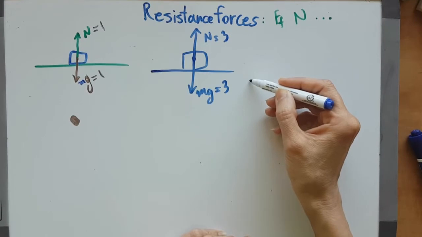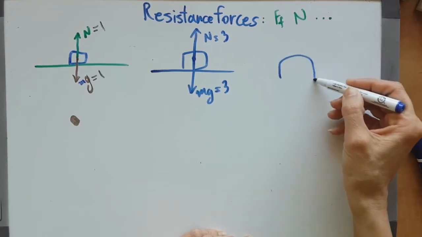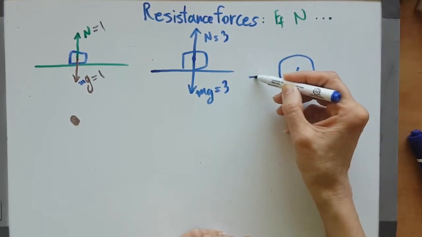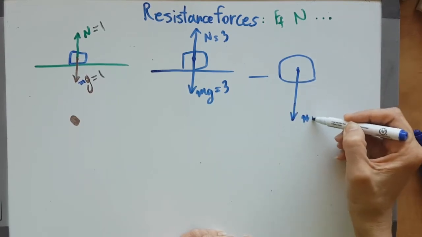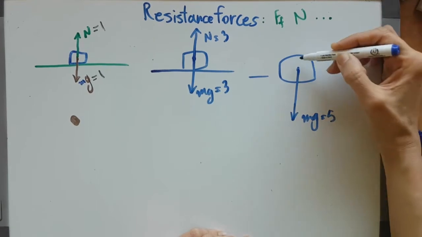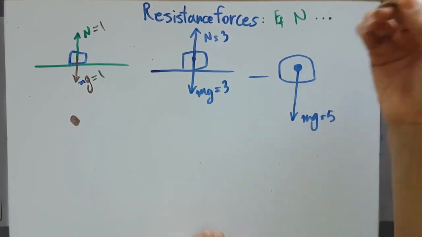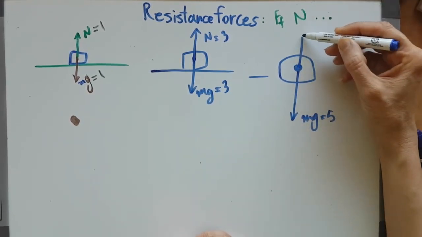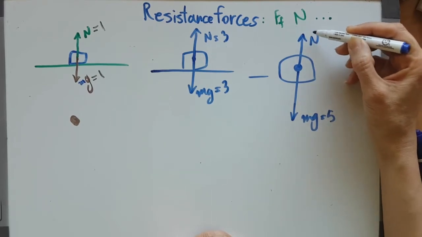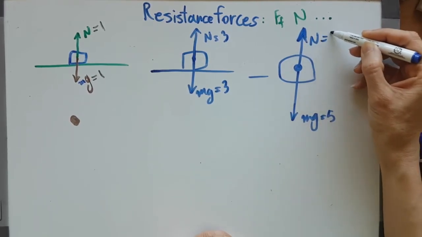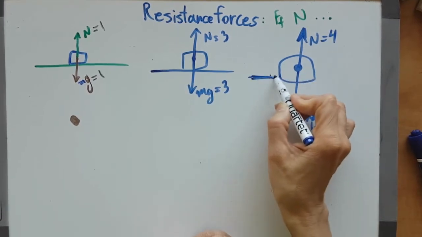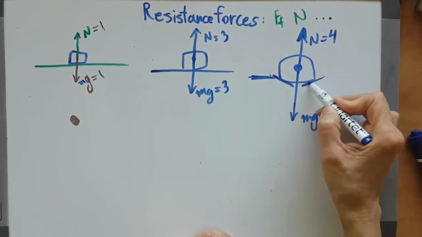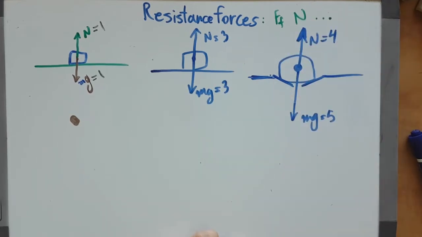You put a heavier box, which is 5 Newtons. mg equals 5, and the n cannot appear 5. The maximum n possible would be 4. So in that case the resistance of the surface maximum can be 4, and therefore the surface is going to break, it's going to crash, and the box is going to get inside.